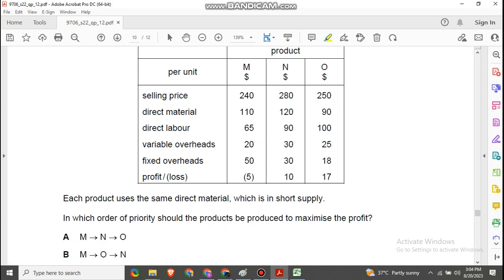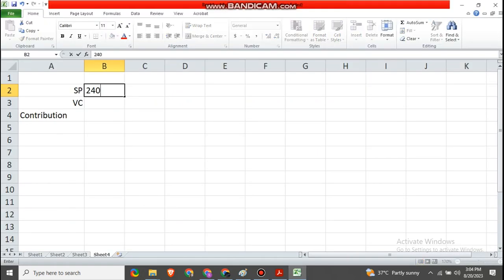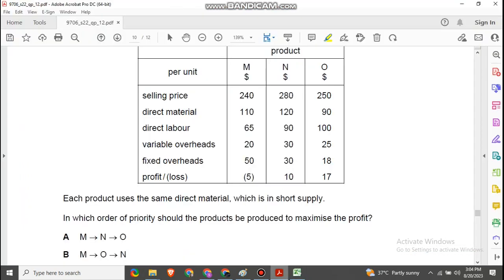So 240, 280 and 250 is my selling price. Let me write it down here. Selling price is 240, 280 and then 250. Now I'll add up all the variable costs together. Variable cost is direct material, direct labor and variable overheads. So 110 plus 65 is 175, plus 20, so 195 here.